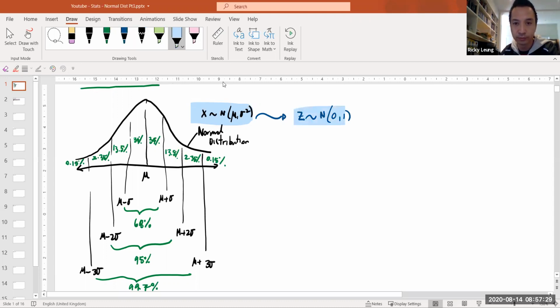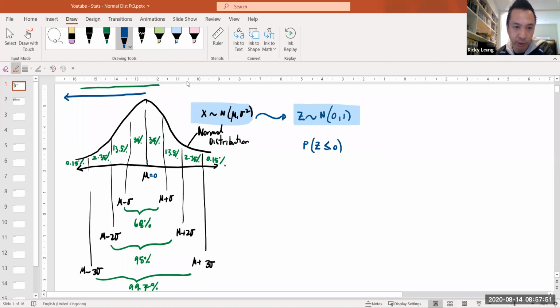What's clear here is that because of its symmetry properties, if I take the probability that Z is less than or equal to 0, so basically everything from here downwards, assuming this guy's 0, so if it's normal, the mu is 0, 0 minus 1, that's -1, that's +1. This guy is -2, this guy's +2, and this guy's -3 and +3. And everything below 0 is 50%.